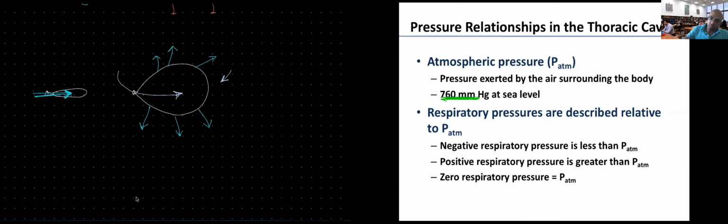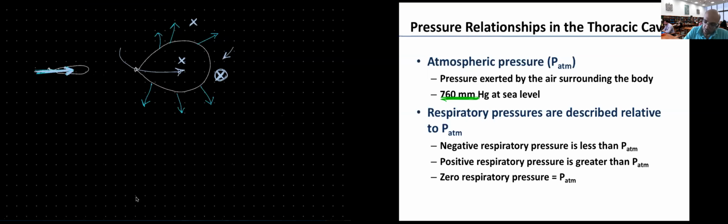So the difference between the pressure inside the lung and the pressure outside the lung is the effective pressure that's going to determine the volume of my lung. If I don't have a negative pressure outside, no air will flow inside the lungs. If I don't have this positive pressure going into my lungs, I wouldn't be able to inflate the lungs.